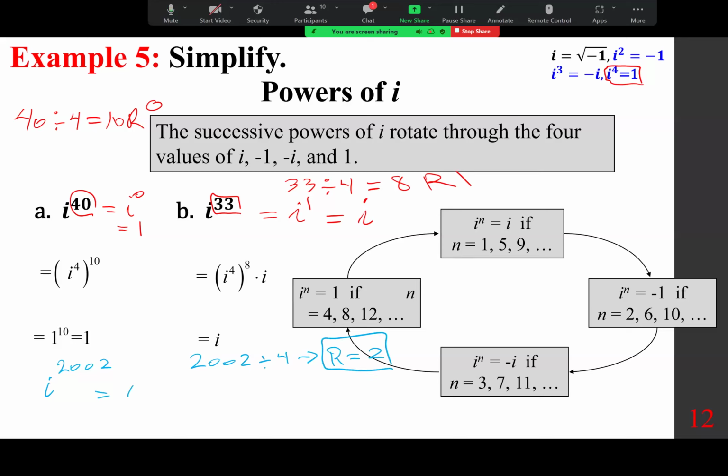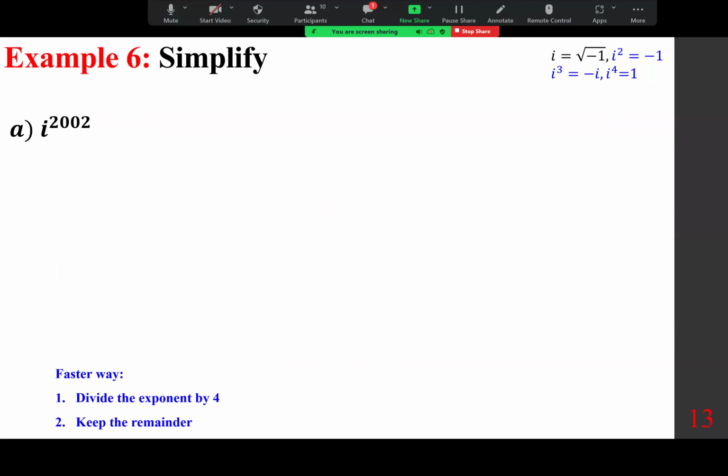So this is the same as I squared. Now, what is I squared? -1. So the best course of action is to divide by 4, keep the remainder. All right. Well, it's explained in this example here. So 2002 divided by 4, the remainder is 2, and the answer is -1. So faster way, divide by 4, keep the remainder.